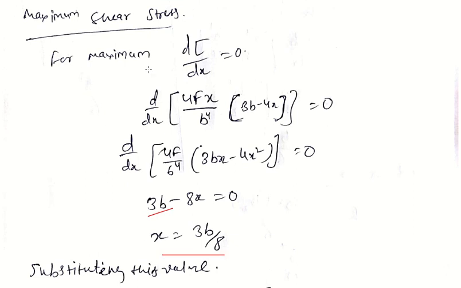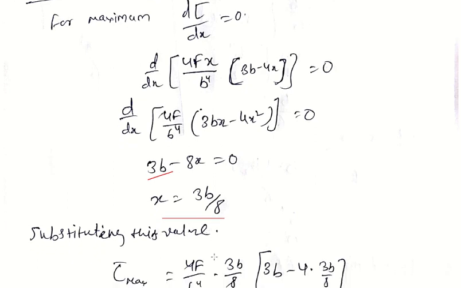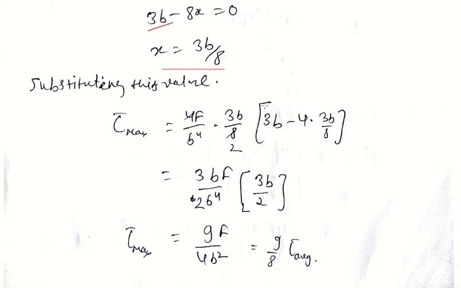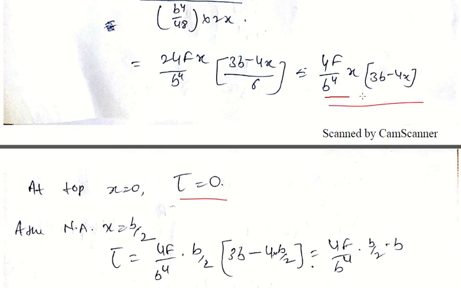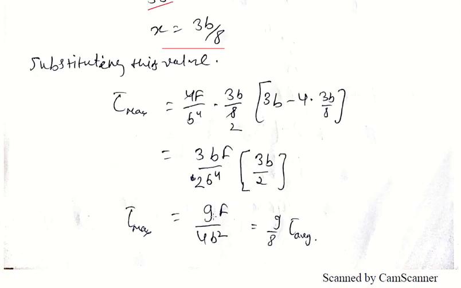That means the maximum shear stress is at x equals 3b by 8. Now substitute this value in the equation and it will give the maximum shear stress. Simplifying these terms gives 9 by 8 tau average, or 9 by 4 F by b square. This is tau maximum.